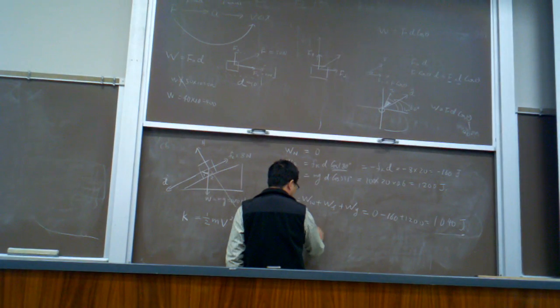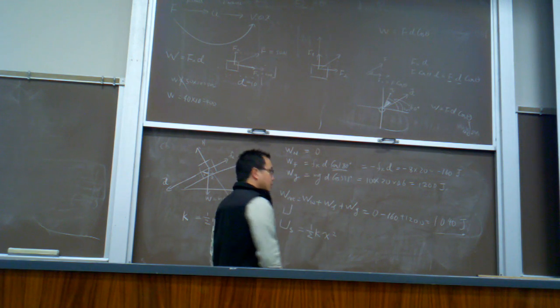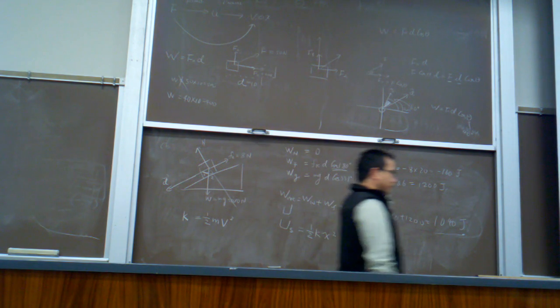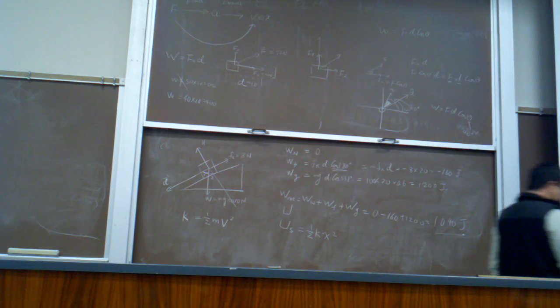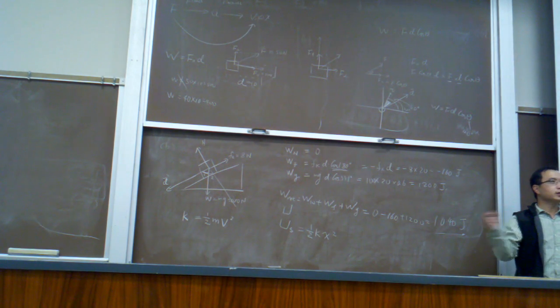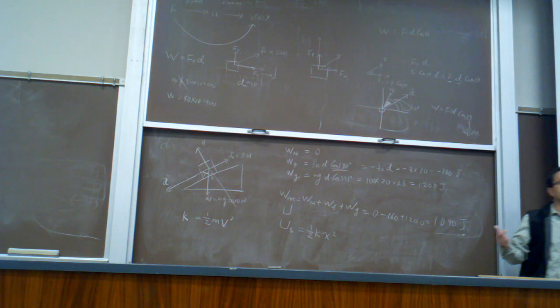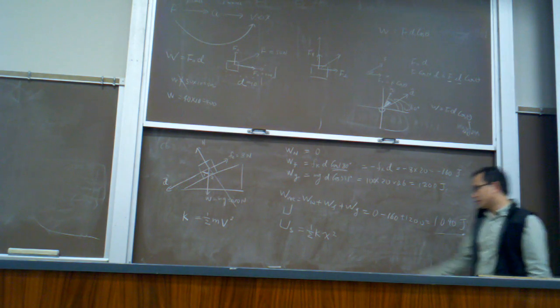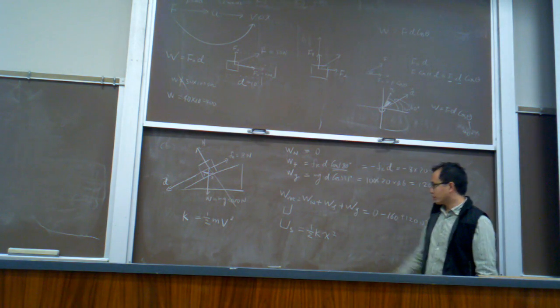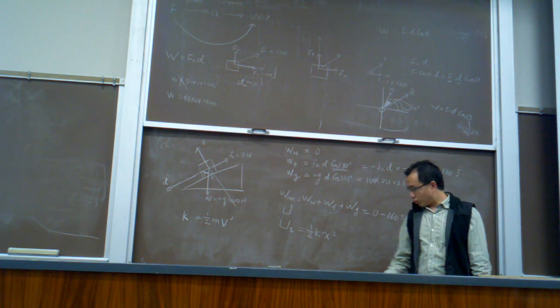And it's given by 1/2 K x squared. Here K is the spring constant. If you have a spring, the spring constant measures how hard the spring is, the stiffness of the spring. So it will be given in the problem, and then you can calculate the spring potential energy.